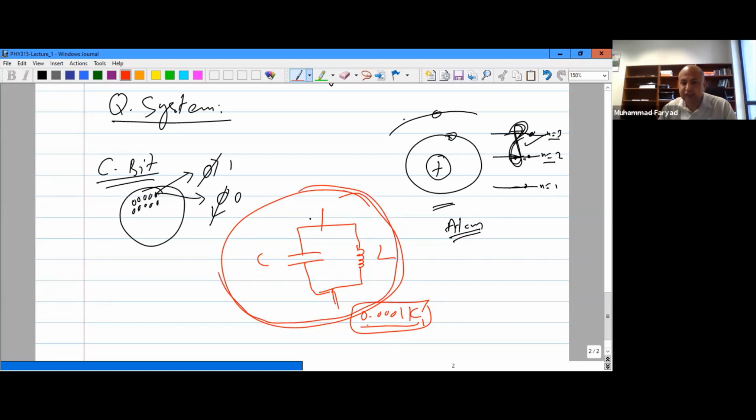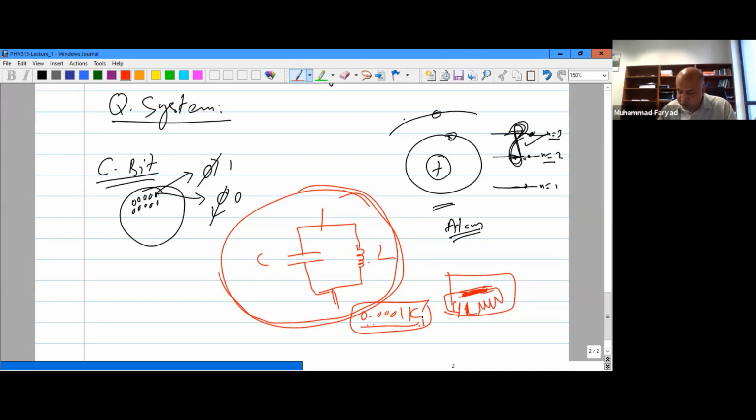And this is a physical circuit that I'm talking about, okay? On your PCB, you can put some, let's say, aluminum wires, and then you can make an inductor like this, and for the capacitor you can give a gap between those aluminum wires, and when you cool this aluminum down to this temperature, it becomes a superconducting material. So this is a physical thing that I'm talking about, this LC.